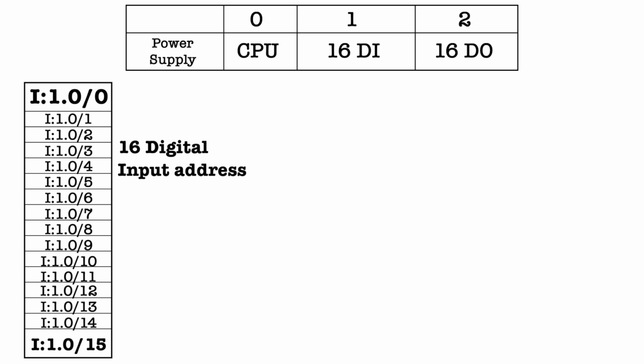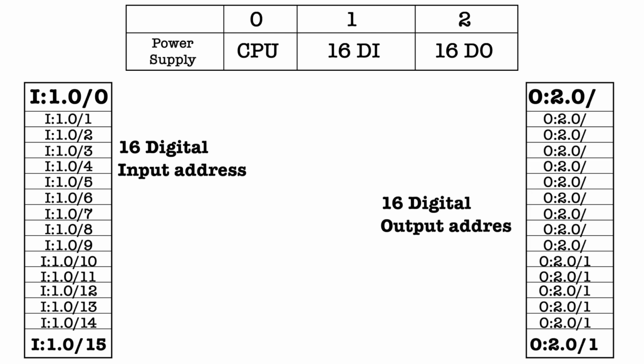Similarly, as you can see, for addressing the 16 digital outputs, the format will start with O, since it is an output, colon 2, since here the digital output is connected to the second slot, dot, and then the word number.